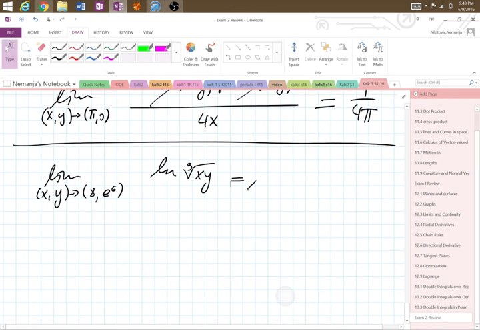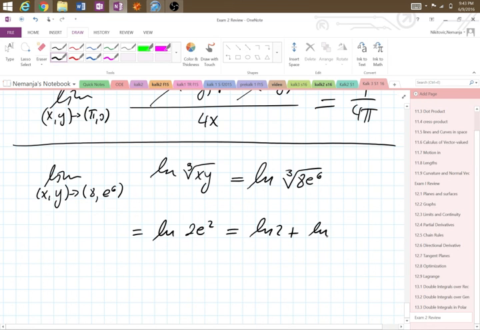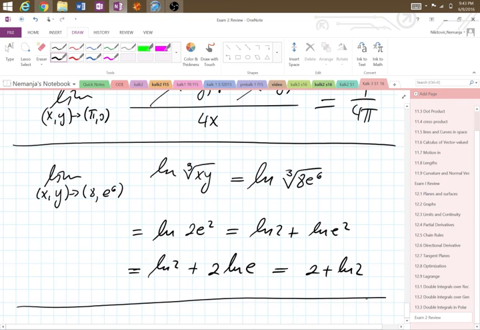So it's going to be just ln of the cube root of e^8, which is equal to ln, and now we take the cube root, which is 2e squared, which breaks into ln 2 plus ln e squared, which is ln 2 plus 2 ln e, which is 1, so 2 plus ln 2. So the limit is 2 plus ln 2.